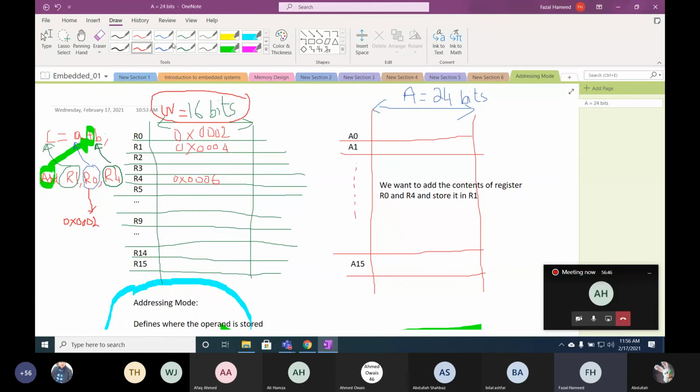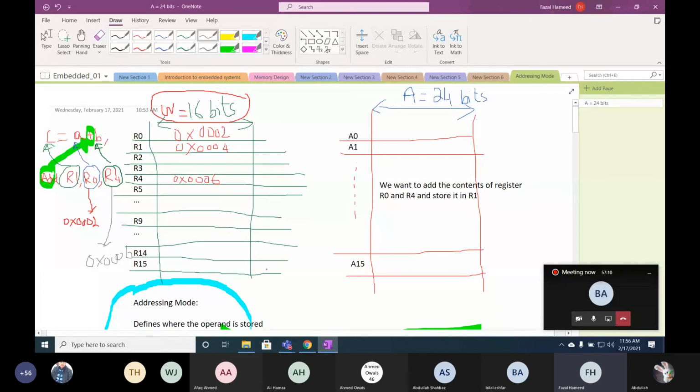What is the contents of R4? 0x0006. And we are adding both of them. So what is 6 plus 2? 8. So it means that we are adding and storing it in R1.